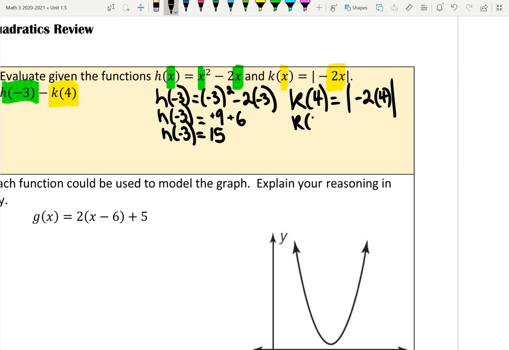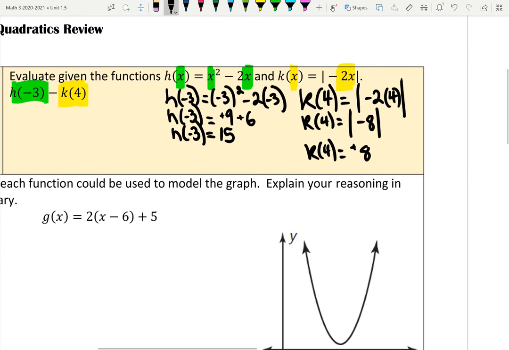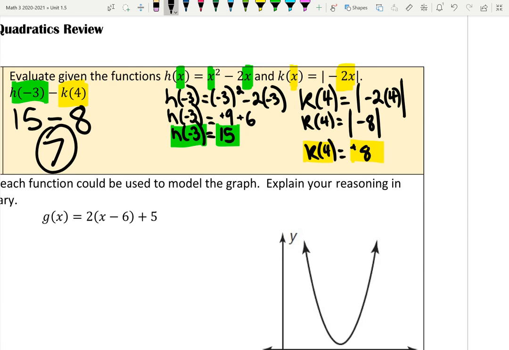When k is 4, I get the absolute value of -8, which results in +8. I'm almost done, team. What is h of -3? 15. What is k of 4? 8. 15 minus 8 is 7.